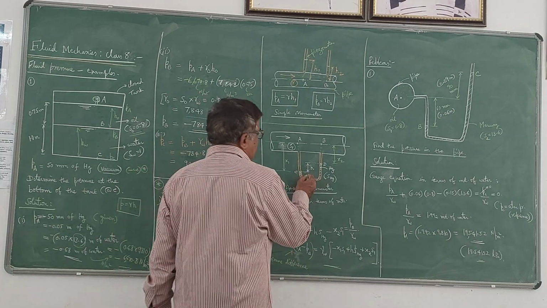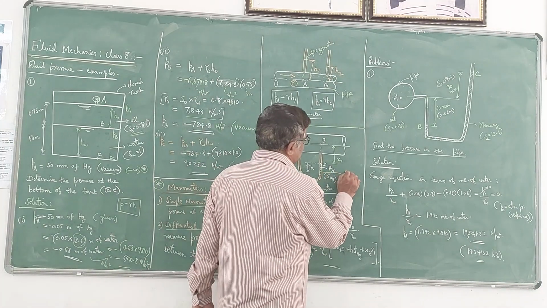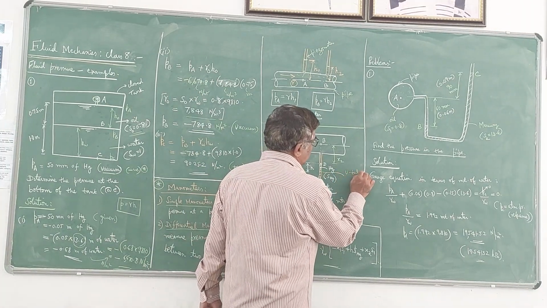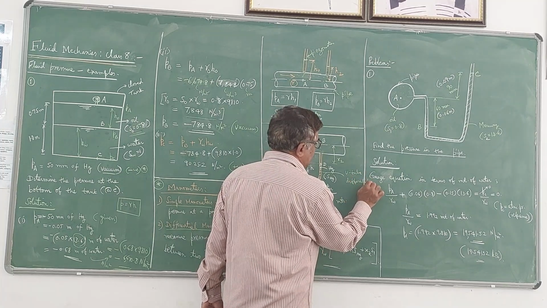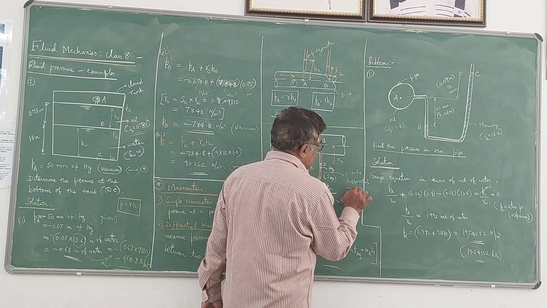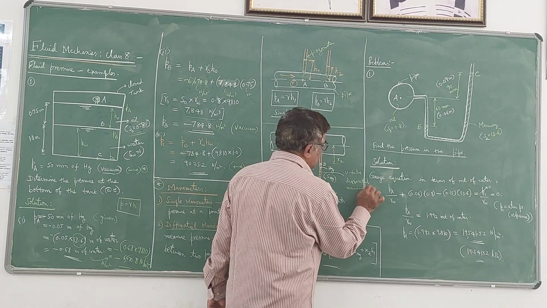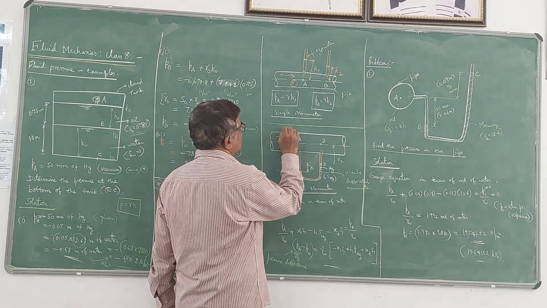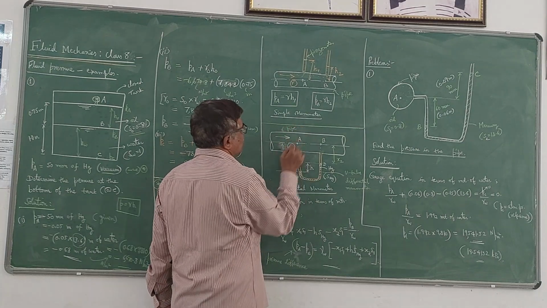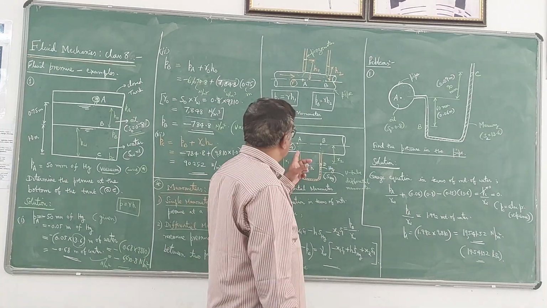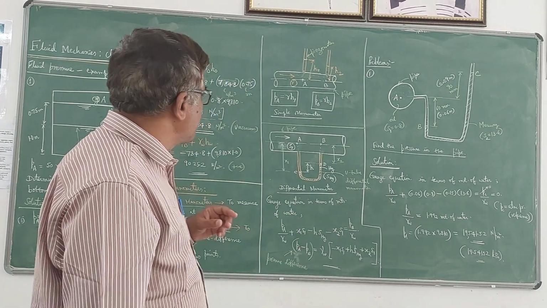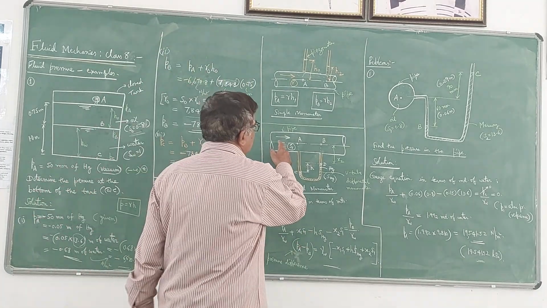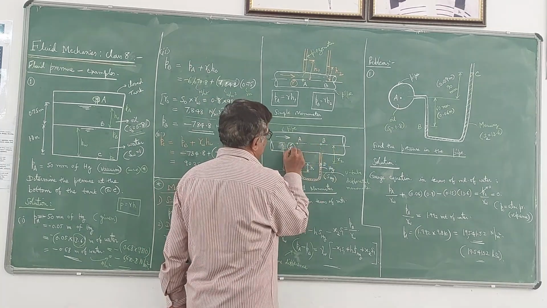Here I have taken a U-tube differential manometer, which is used to measure the pressure difference between 2 points in a flow. So this is a pipe through which some liquid is flowing. Instead of specific weight, I have taken the specific gravity of the liquid which is flowing in the pipe as S1.